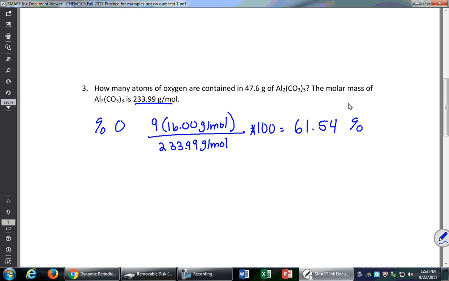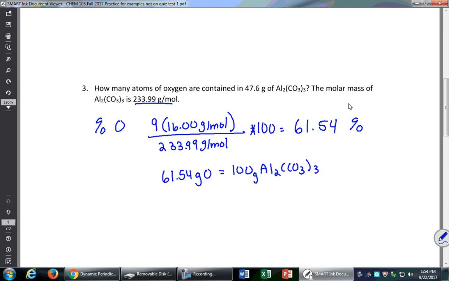So that means my part is 61.54% of my whole, which is 100 grams. So that means that for every 61.54 grams of oxygen, I have 100 grams of my Al2(CO3)3, which we did today. So now I have a relationship.